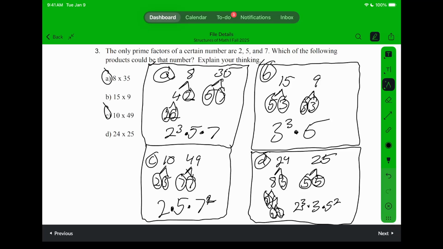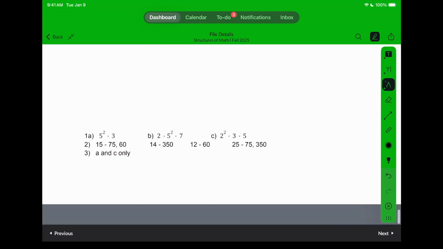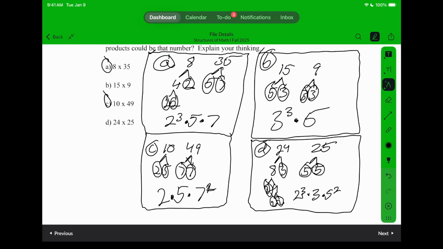For example, 10 times 49 is 490. 490's prime factors are still going to be 2, 5, and 7 squared. It doesn't matter if you multiply it and get 490 or just keep it as 10 and 49, split up. And yeah, that is it for this one.